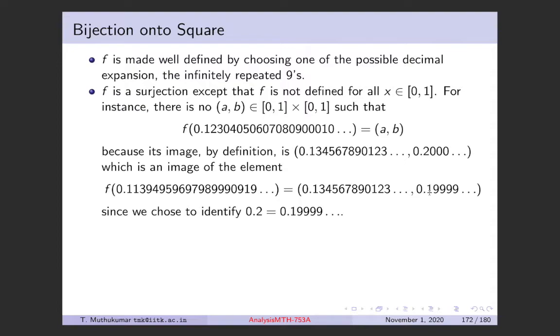That's what we decided to do. So this is the element that gets mapped to this number. And this element is not mapped to any point on the square because of the fact that we have chosen this decimal expansion. So this is another issue, that this f is not defined for all x in [0,1].